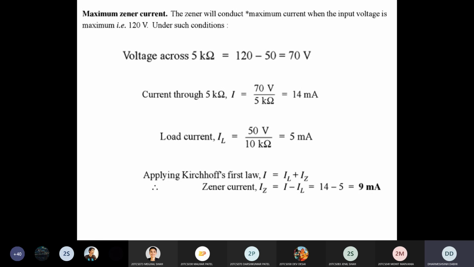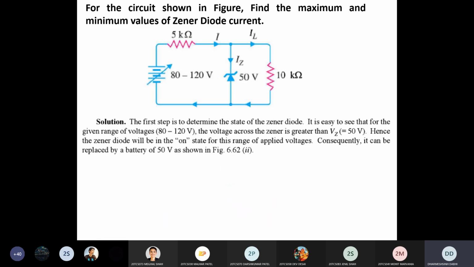In the same way, minimum current flows when your supply voltage is 80. So 80 minus 50, since the Zener voltage remains 50, gives 30 volt drop across the 5 kilo ohm. So 30 volt divided by 5 kilo ohm gives 6 milliampere. And the load current remains as it is, because the voltage across the Zener diode and the resistance remain the same, so it is 5 milliampere.